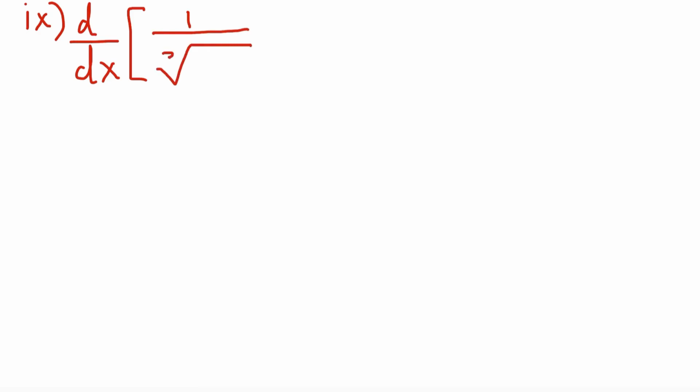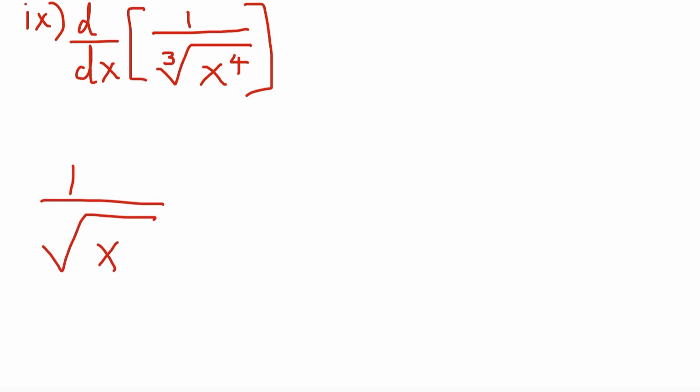Let's move on to the next example. I'm going to compute the derivative of 1 over the third root of x to the power 4. So again, if you remember the previous example, we can write down the third root of x to the power 4 as x to the power 4 over 3.